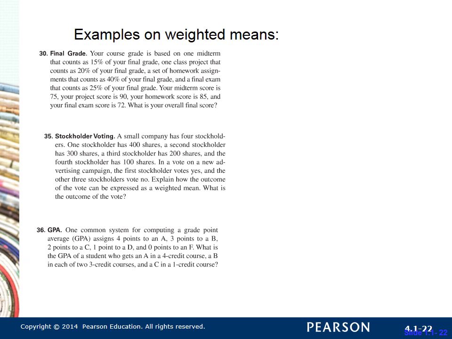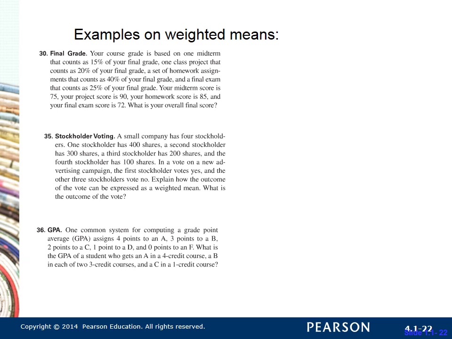Now the easiest way to work this one out, and what I just did here on my paper, is to write down the grades in the class. So I got 1 A for 4 credits, 1 B for 3 credits, a second B for 3 credits, 1 C for 1 credit. What I have to do is figure out how many points I got by multiplying the credits times the weight.